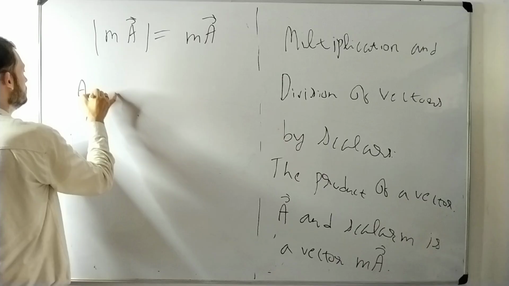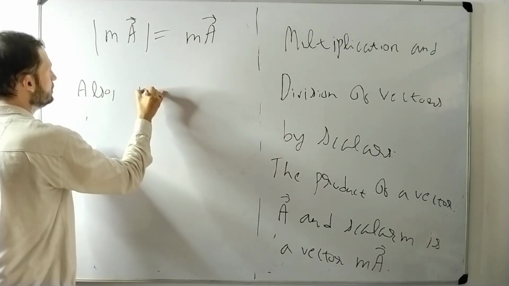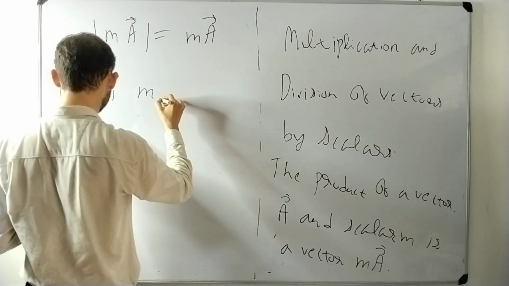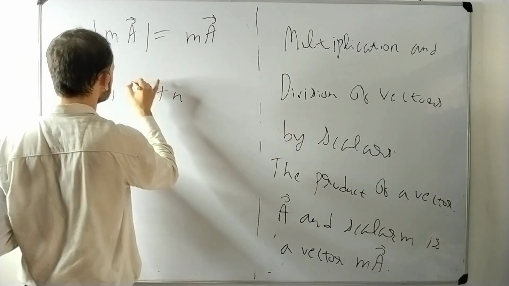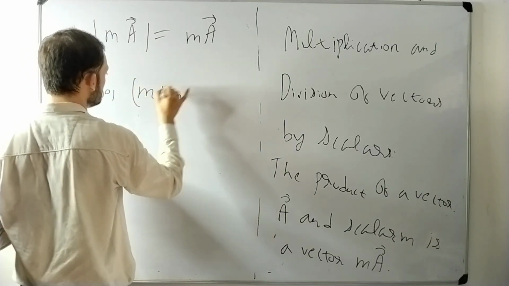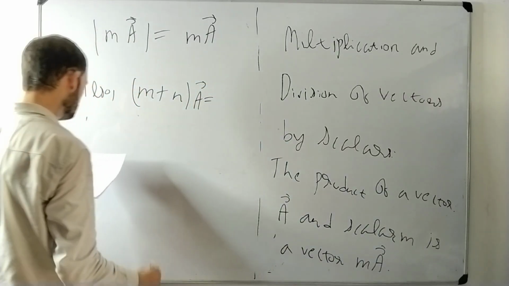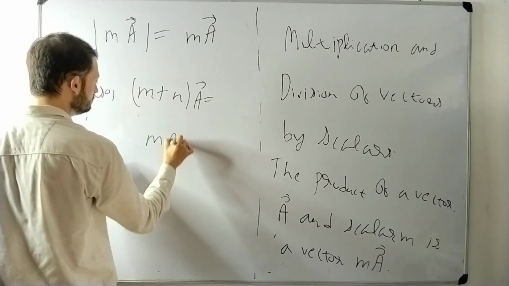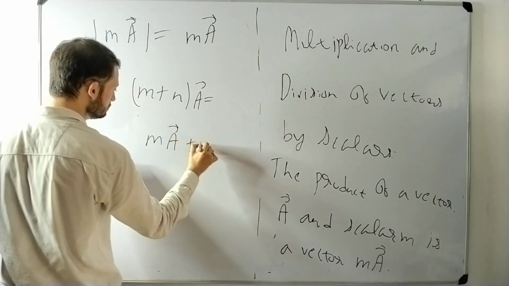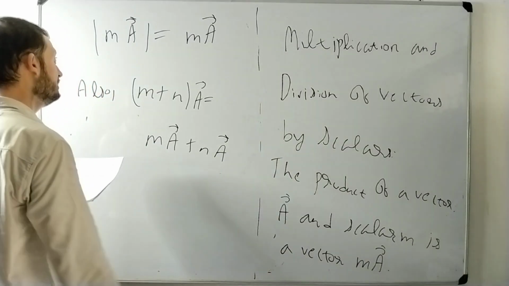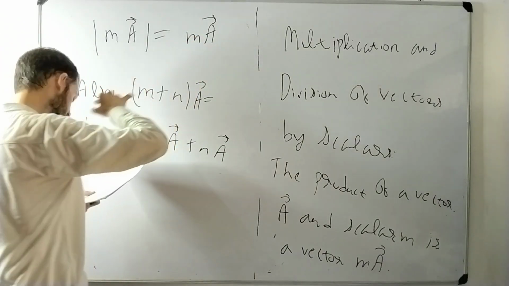Also, (M plus N)A, then what is it, students? MA plus NA. So it is for the magnitude of a vector.